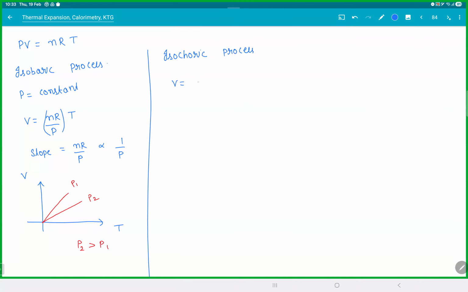Isochoric process, V is equal to constant. Here the equation will be P is equal to nR by V into T. That means in a PT graph, if someone draws a pressure and temperature graph, the isochoric process will be a line passing through the origin. Again, V2 is greater than V1.